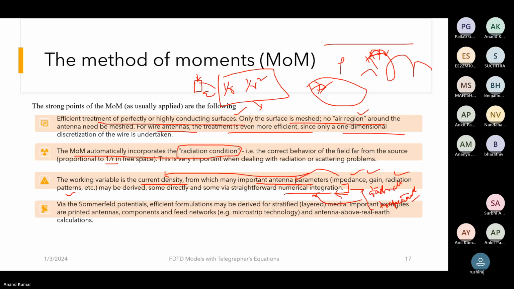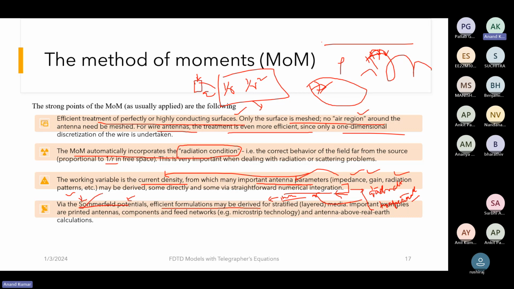There is something called Sommerfeld potential, which can be used for efficient formulations for stratified layer media, for the inhomogeneous technique. If we are solving inhomogeneous problems, there are some formulations called Sommerfeld.